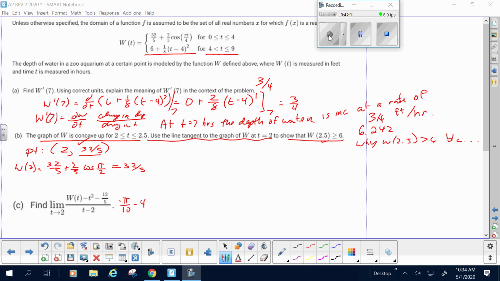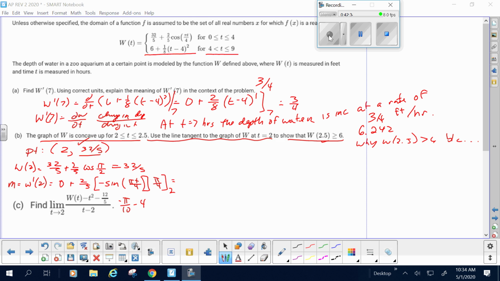All right, the slope is the derivative at 2. We'll take the derivative of that branch, which is 0, plus 2 fifths. The derivative of cosine is negative sine of pi t over 4 times the derivative of the inside, pi over 4. We need to evaluate that at 2.